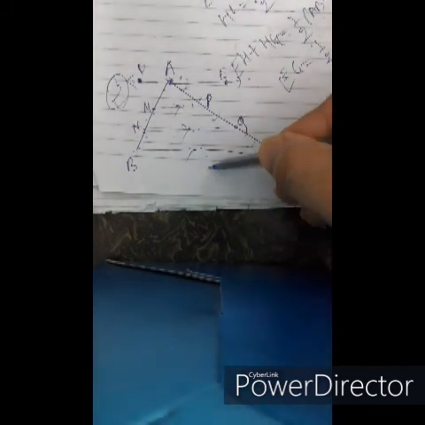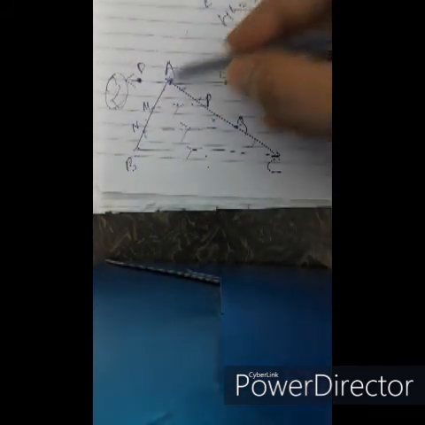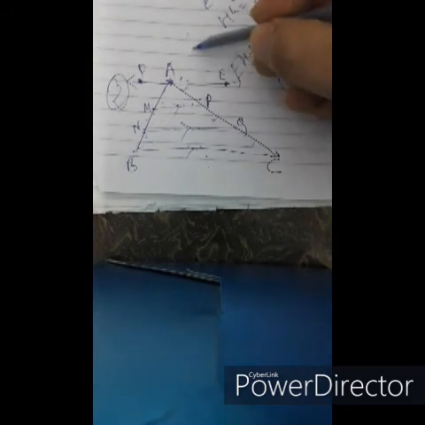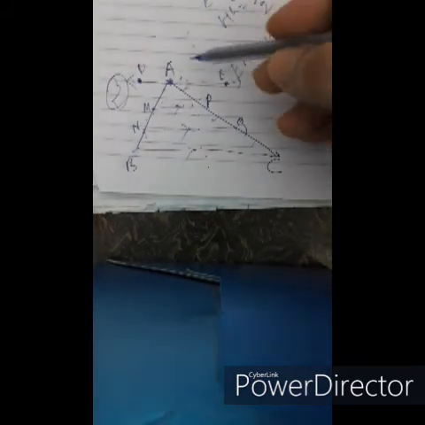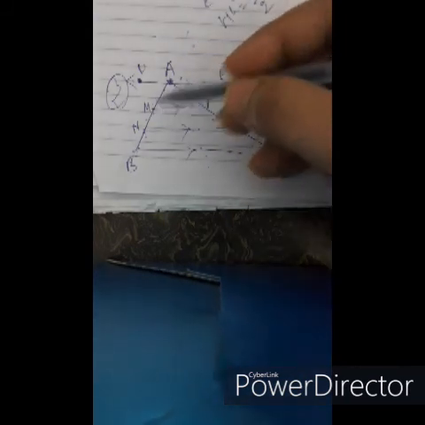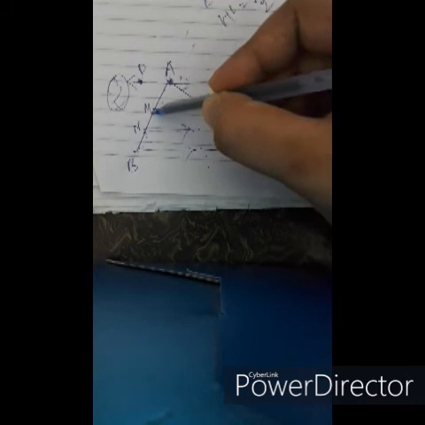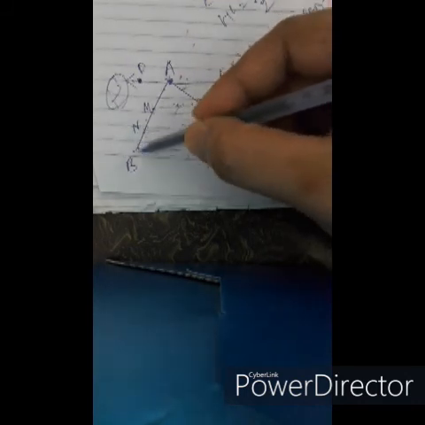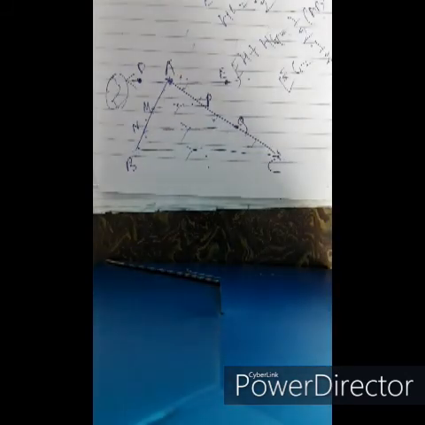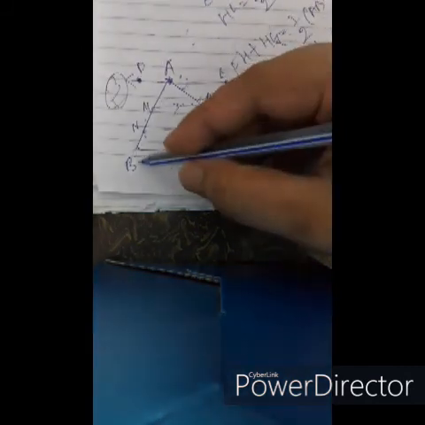So this makes AB the transversal, which intersects the 4 lines such that AM equals MN equals NB.